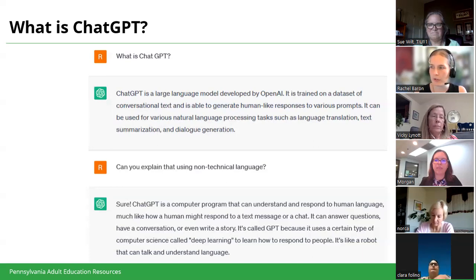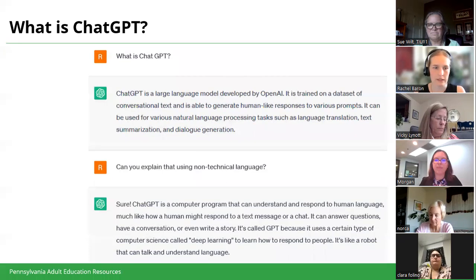ChatGPT is the first thing that was released to the public that operated at this level. And it's much more advanced than most of the things that were available to the public before.